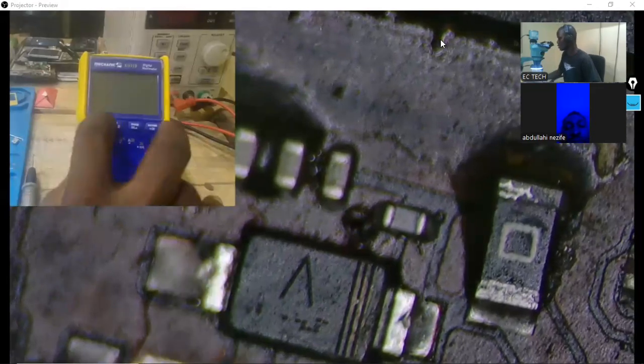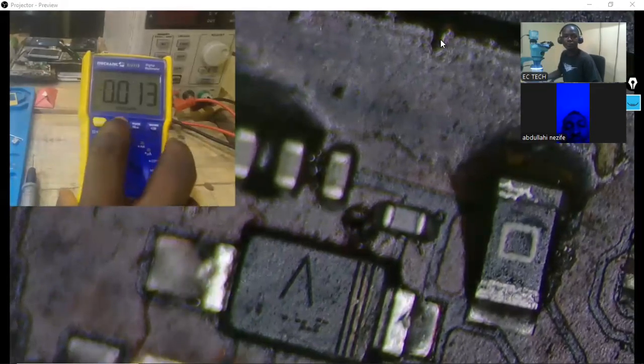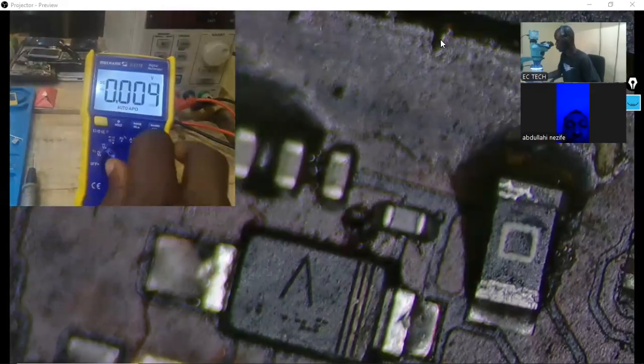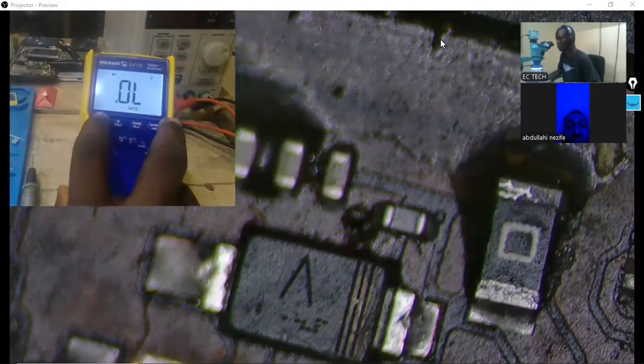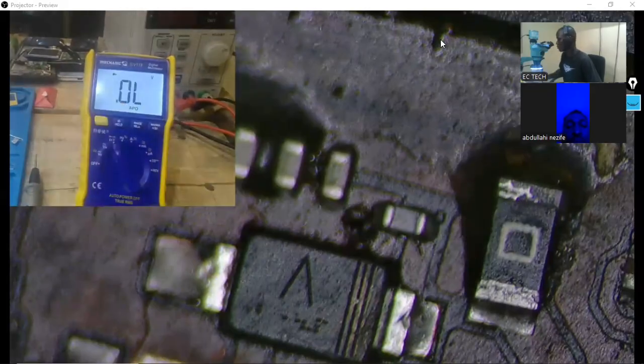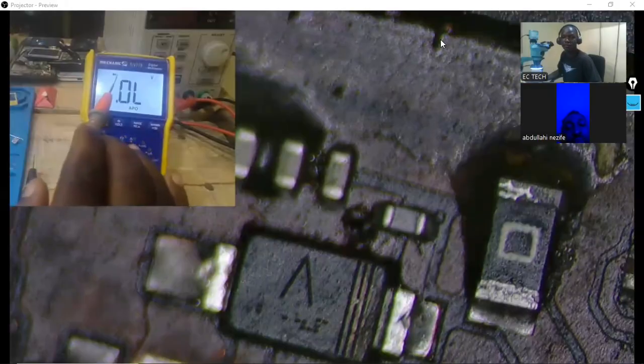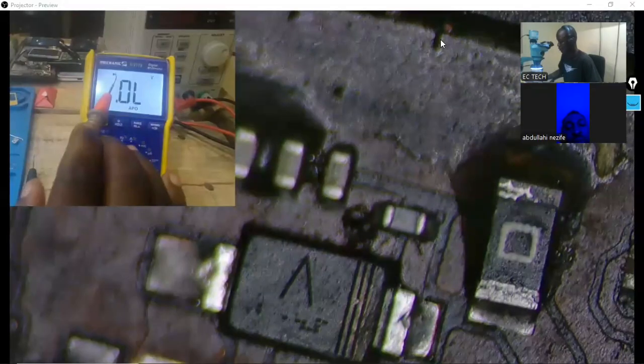So we are going to set our multimeter to diode mode. So you can see that when we are on diode mode, you have already shown us the symbol of a diode on the multimeter. Alright.